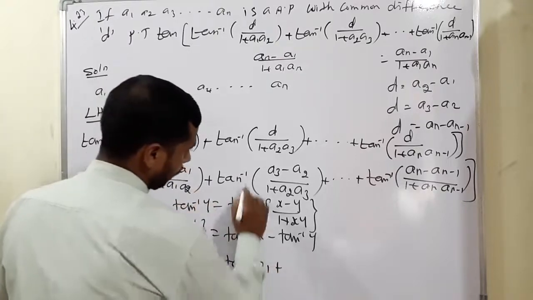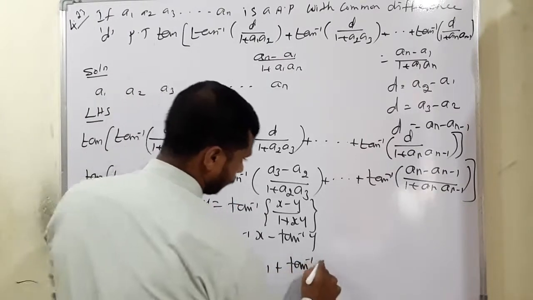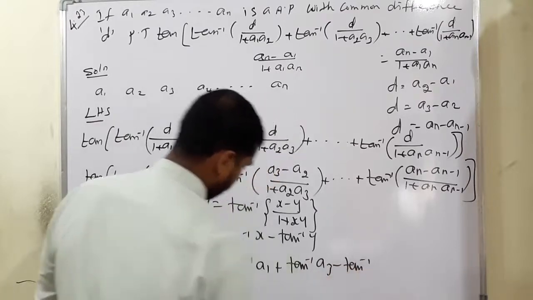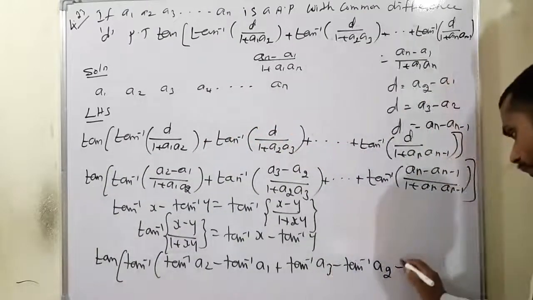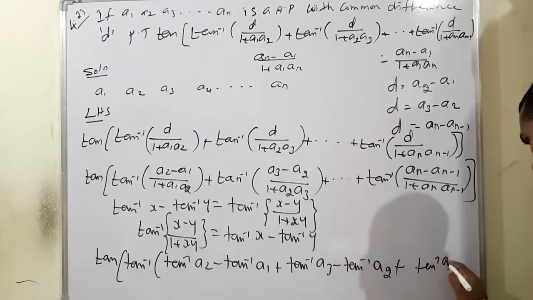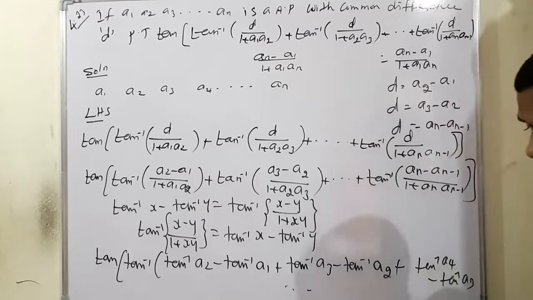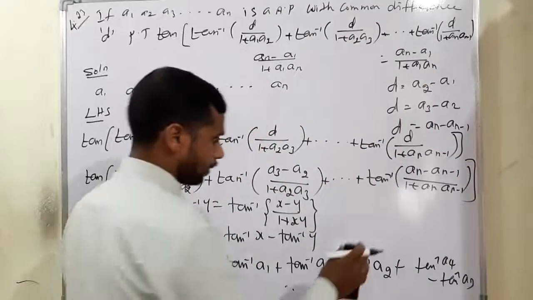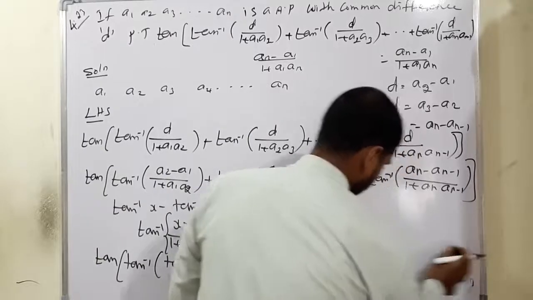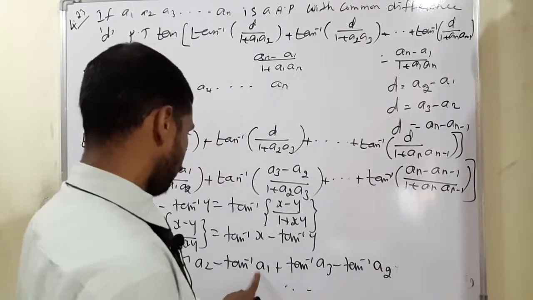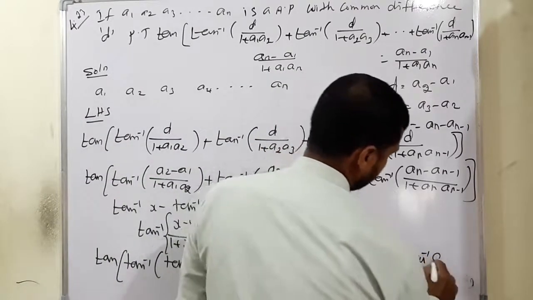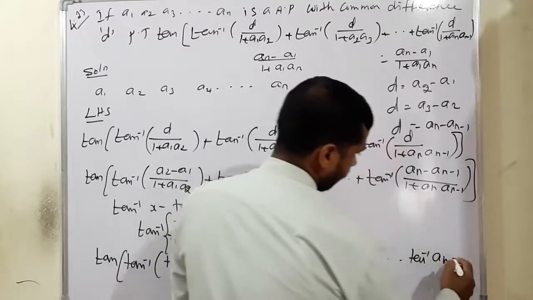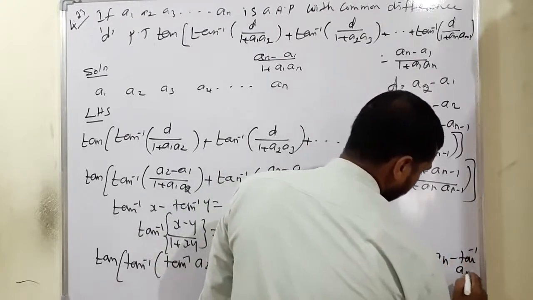Next term, plus tan inverse a3 minus tan inverse a2. Suppose the next term is possible, what we have to write? Tan inverse a4 minus tan inverse a3, and the last line definitely tan inverse an minus tan inverse an minus 1.